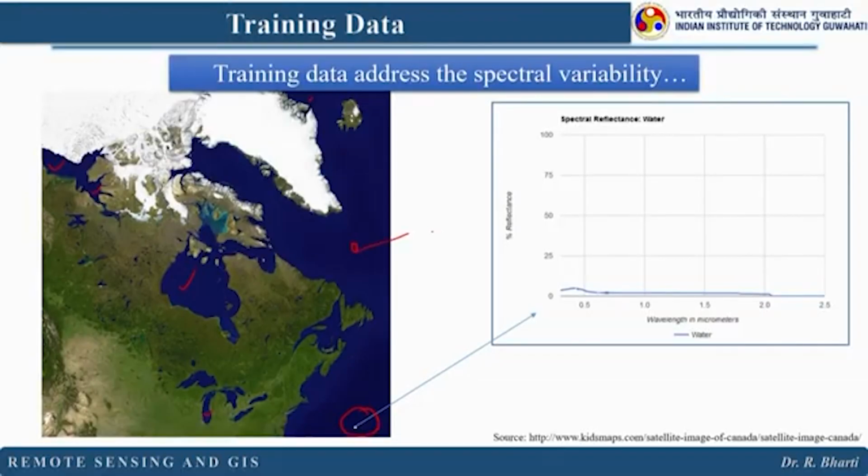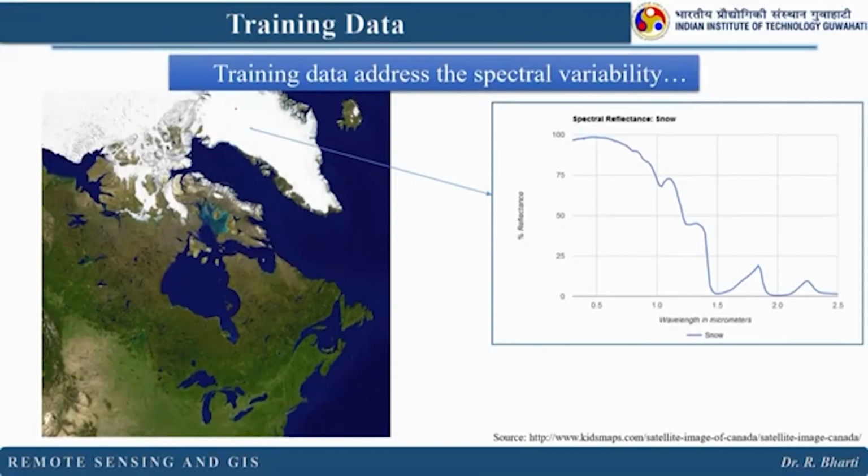So maybe let us say 5, here it may be 6. So that means you should take care of the spectral variability, because if the location is different, maybe the quality of the object is different. So you should include all the variability for that particular class, right.